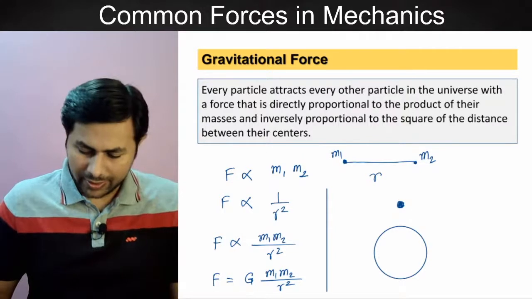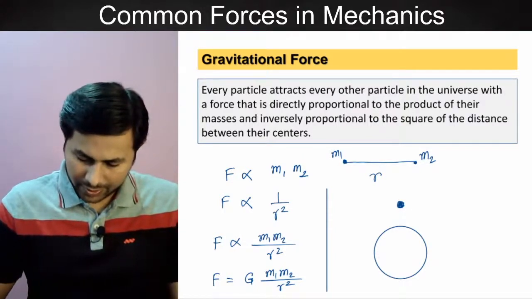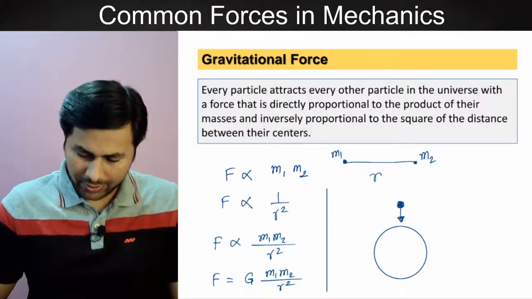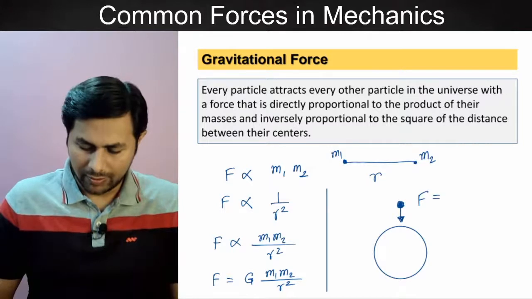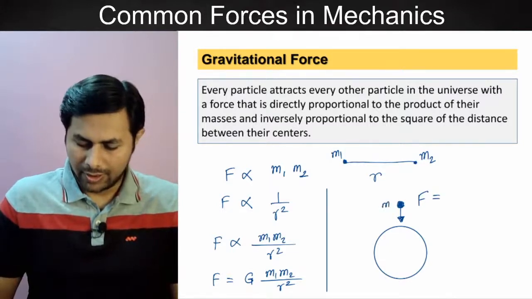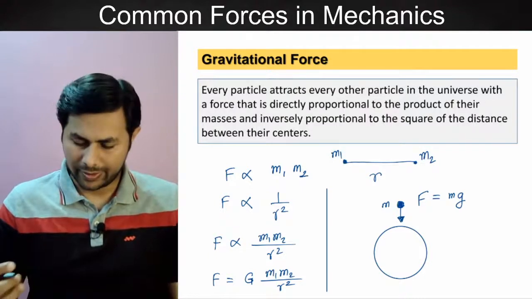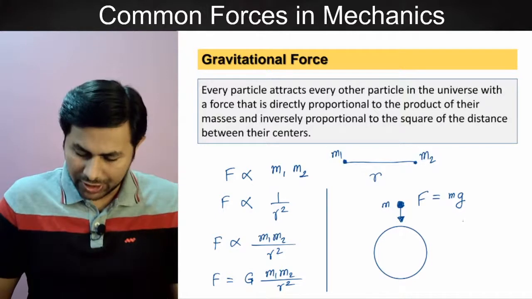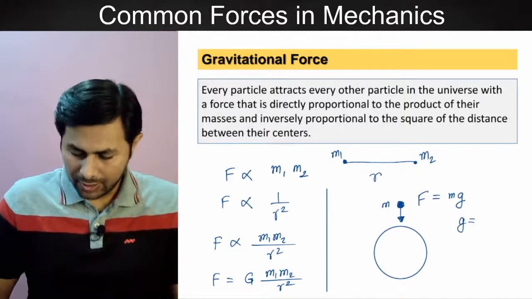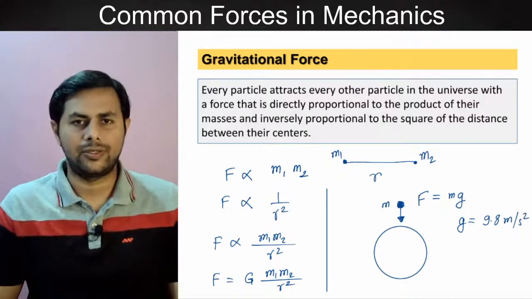You might have seen we write the force acting on this stone due to Earth equals the mass of this stone multiplied by acceleration due to gravity, m multiplied by g, and we know that this g is equal to 9.8 meters per second squared.